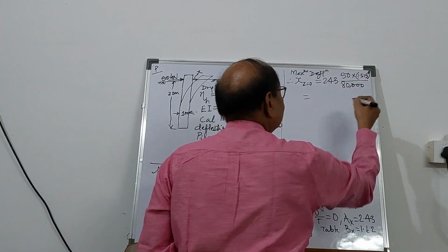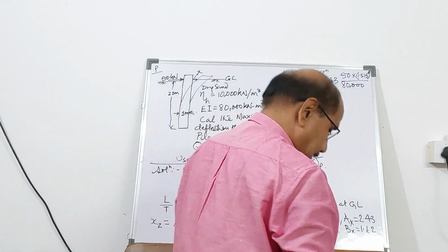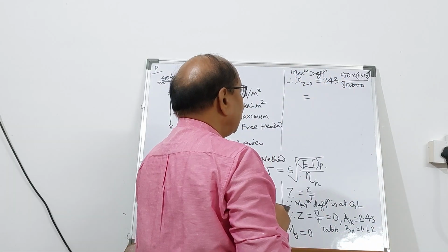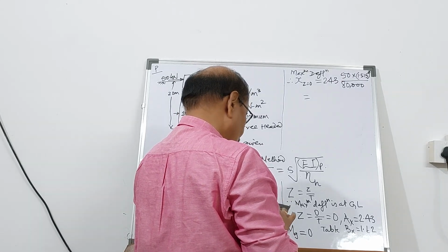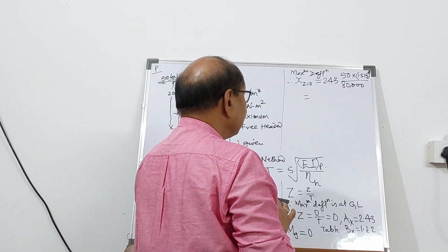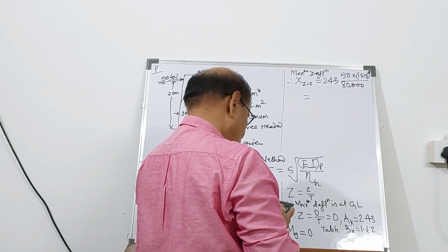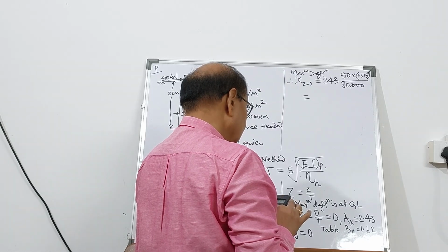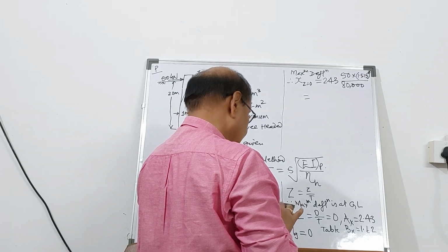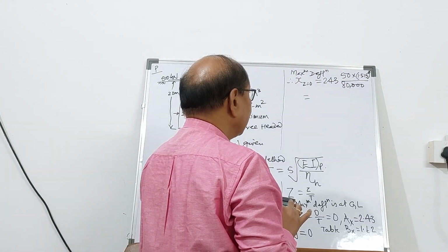Let us calculate this quantity: 2.43 multiplied by 50 into 1.5 raised to power 3, divided by 80,000.